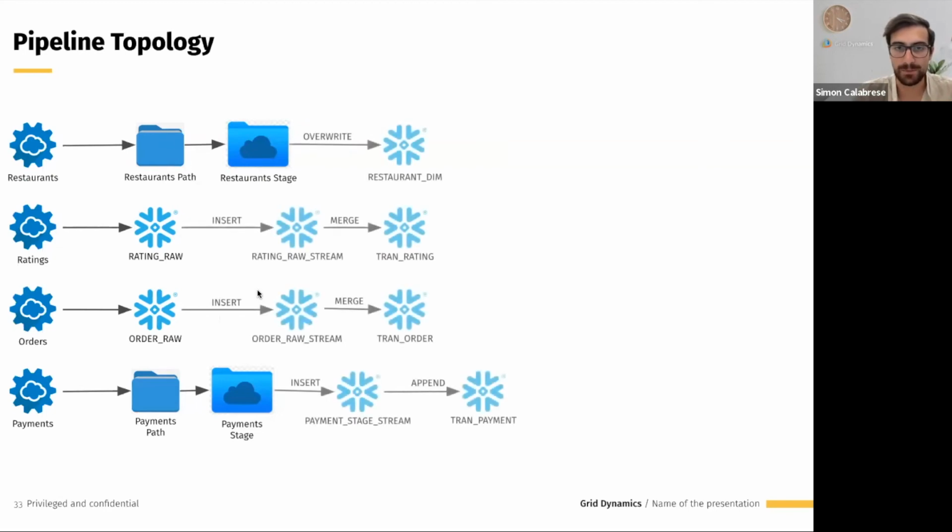On top of them, we are going to create the restaurant dimension. This restaurant dimension is every time refreshed with the last status from the restaurants. The rating gets read from a stream. So we always get, as I say, the subset, and we write to transactional rating.